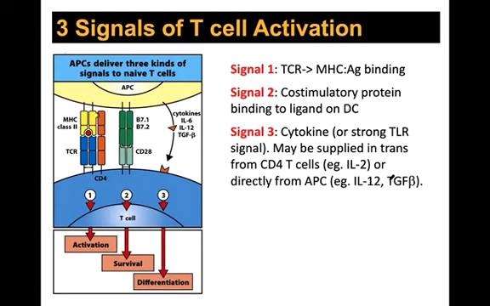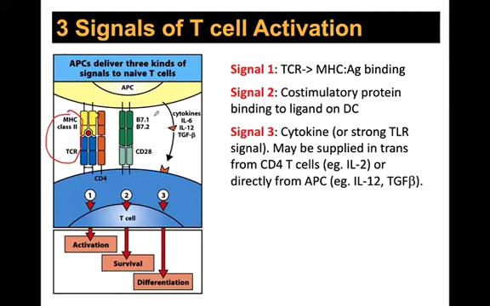Okay, so when we're thinking about T cell activation, we've covered two signals, but there's a third signal that's important here. You want the cell to be antigen specific, and that's accomplished by signal 1, which is the T cell receptor recognizing the antigen on MHC1 or MHC2 proteins.